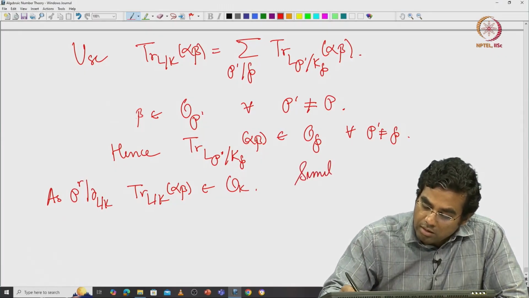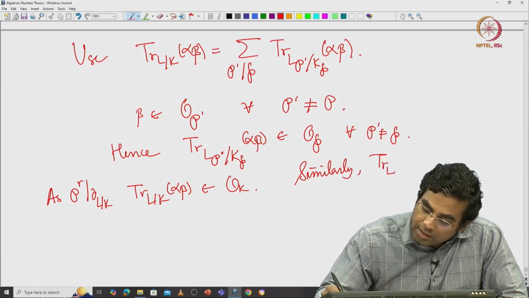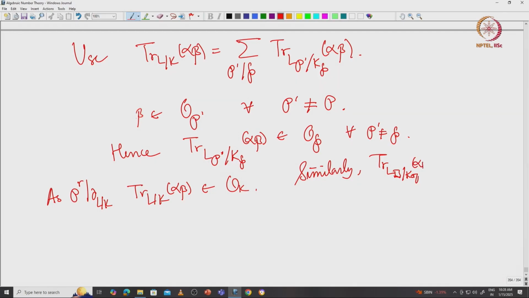Similarly, trace from L_Q to K_Q of alpha beta is also contained in O small q. So we have this element that is integral everywhere except possibly at P, but that cannot happen.